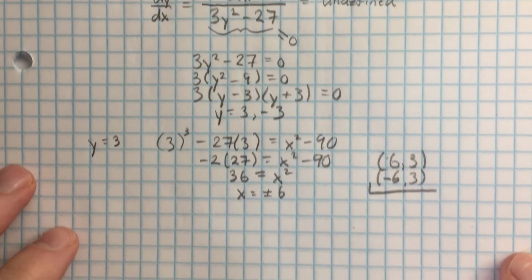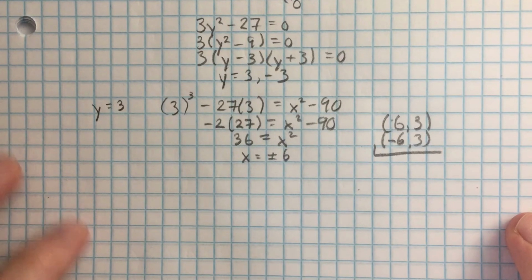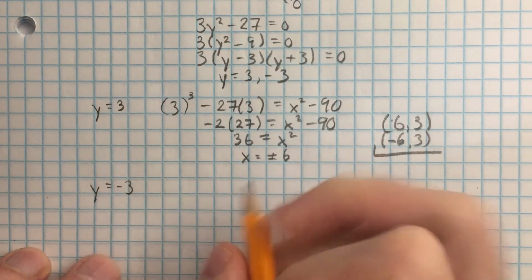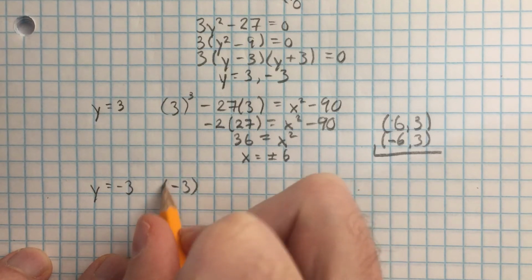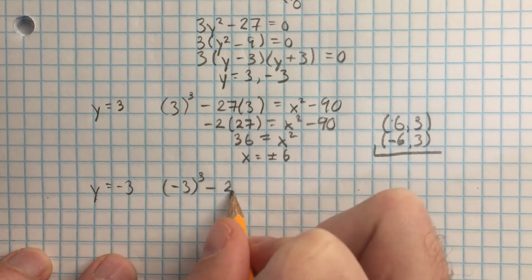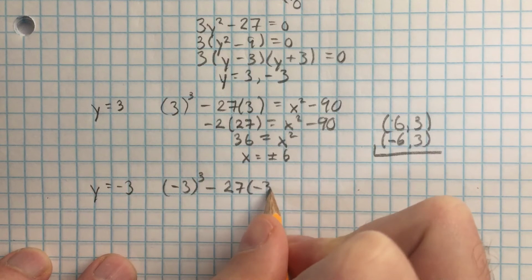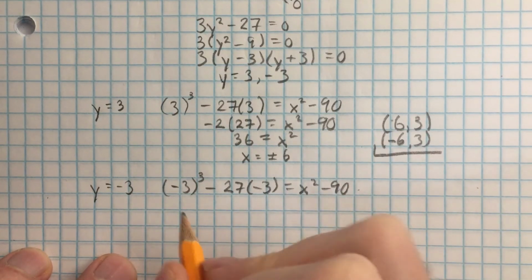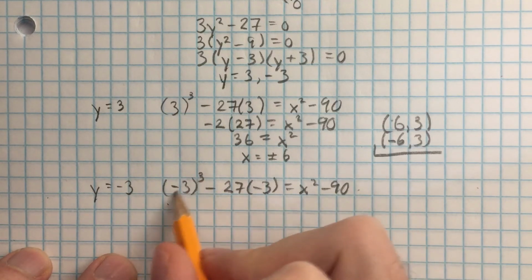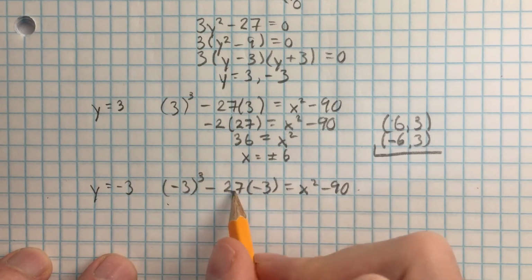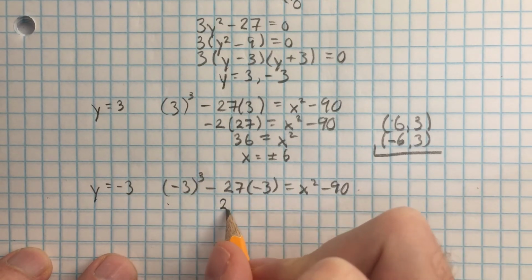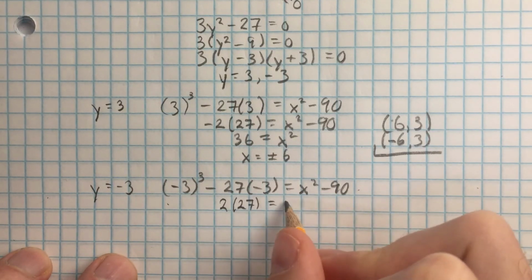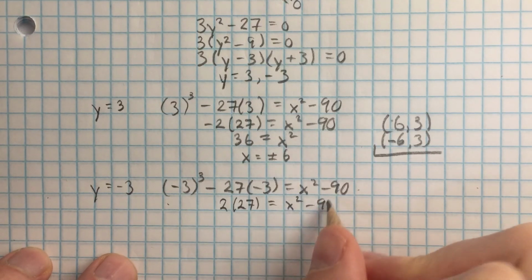Now we do the same thing again with negative 3 for y and see what that produces for x. Y equals negative 3. We have negative 3 cubed minus 27 times negative 3 is x squared minus 90. So negative 27 plus 3 27s is 2 27s equals x squared minus 90.